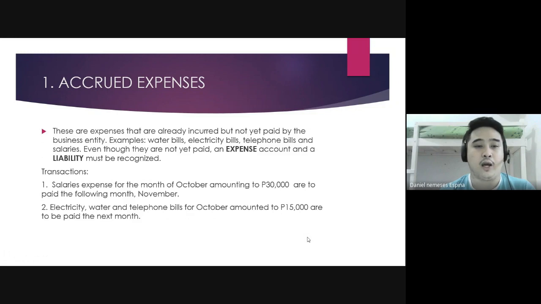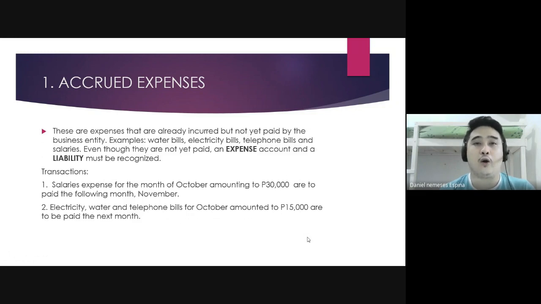For example, you have salaries expense for the month of October amounting to 30,000 pesos, to be paid the following month, November. Electricity, water, and telephone bills for October amounted to 15,000, to be paid the next month. So these are accrued expenses.